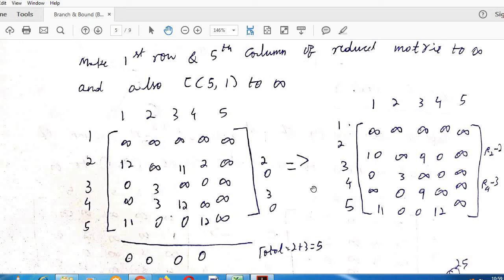As I told, once I get the minimum value, I have to subtract it from that particular row or column elements. So in the second row I will subtract 2 from all the row element values. When I subtract, I get 10 infinity, 9, 0 infinity.